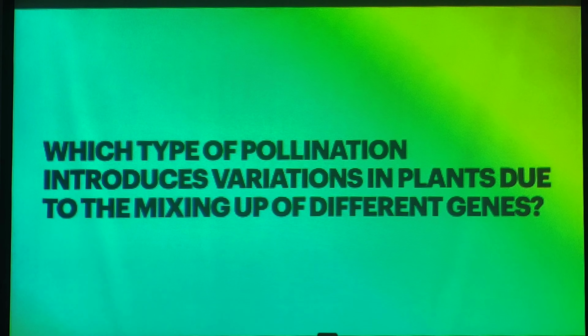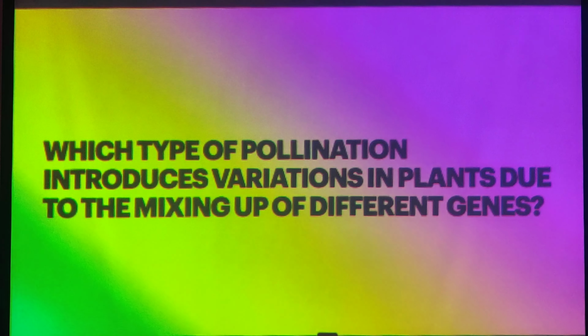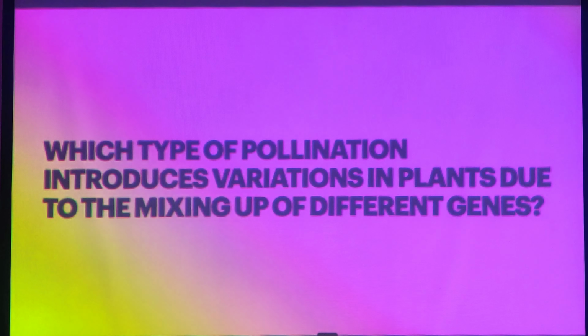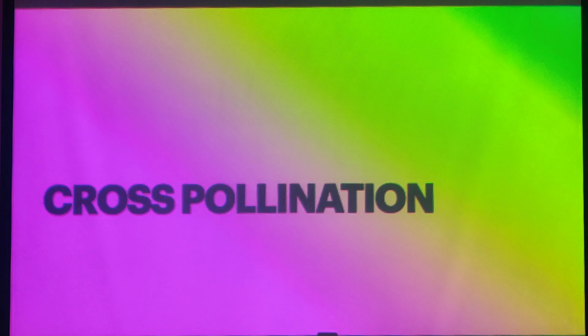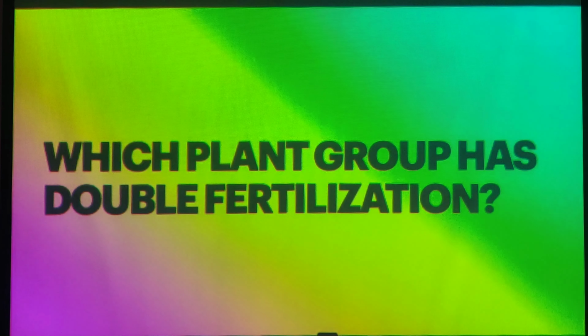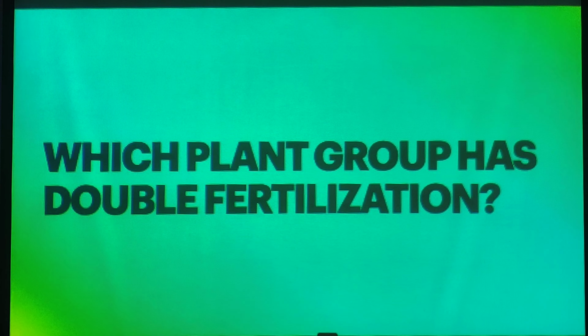Which type of pollination introduces variations in plants due to the mixing up of different genes? Cross pollination. Which plant group has double fertilization? Angiosperms.